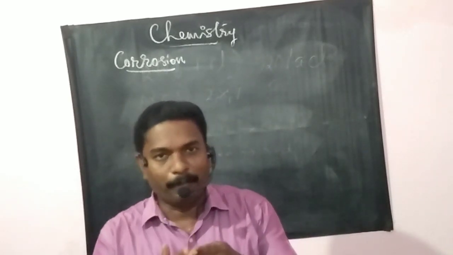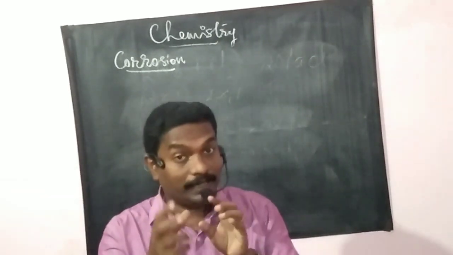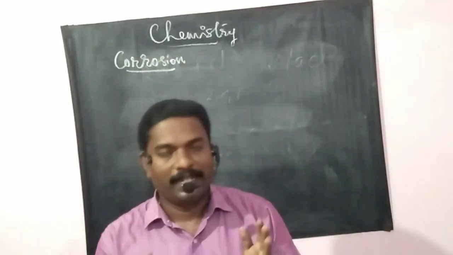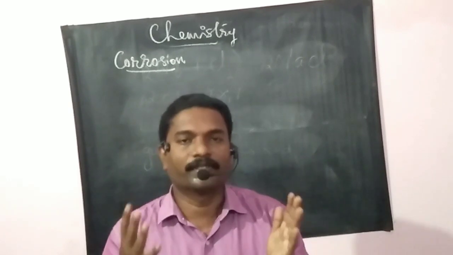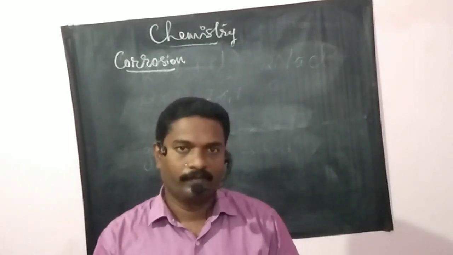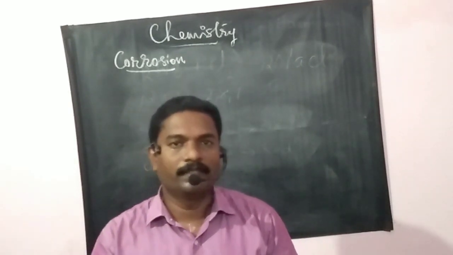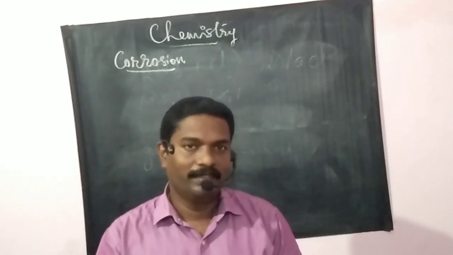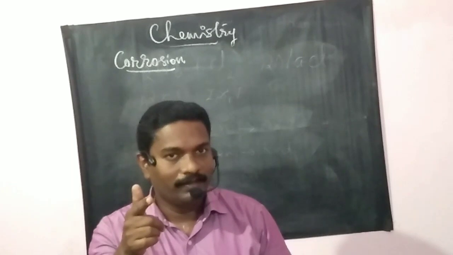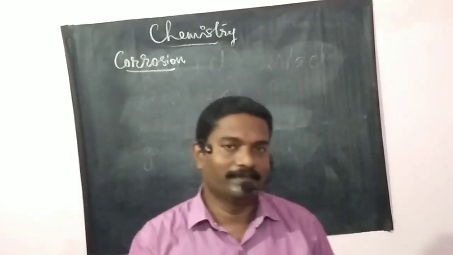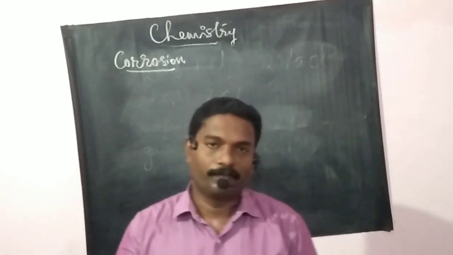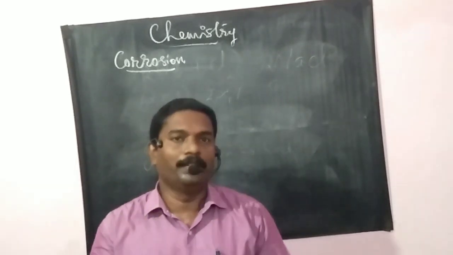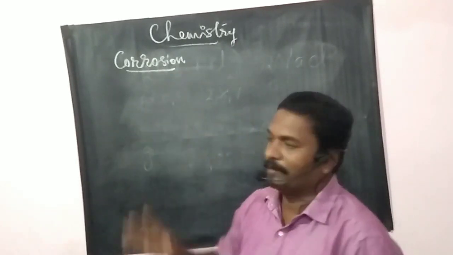When cut into pieces, the cutting end has a shiny surface. And after 2 or 3 weeks, it may fade. And we call it rusting. Okay? Rusting. So this is an example for corrosion.